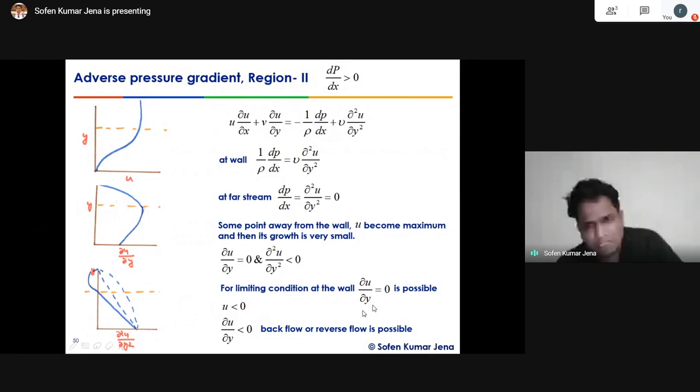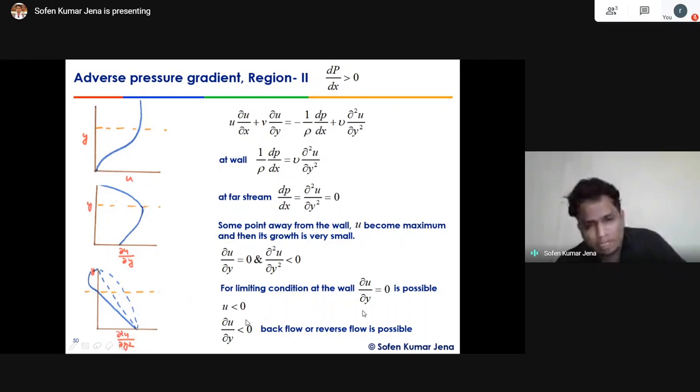When del u by del y is equal to 0, this gives either a maximum or a minimum of u. If I go for the double derivative check again, I find the double derivative is positive, because the double derivative of u, the diffusion term, has the same sign as the pressure gradient term. Then u must be negative over here, right?